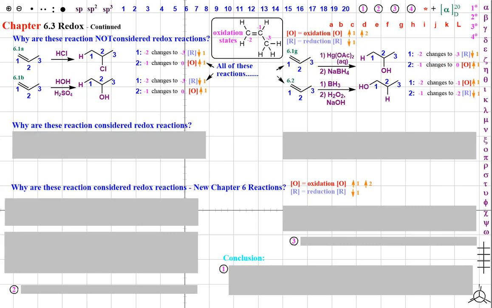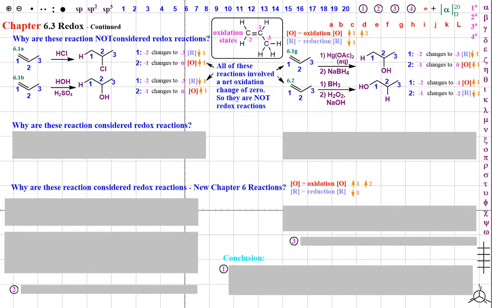So the net change in every molecule on this page was 0. So all of the reactions up here involved a net change of oxidation of 0. They are not redox reactions.